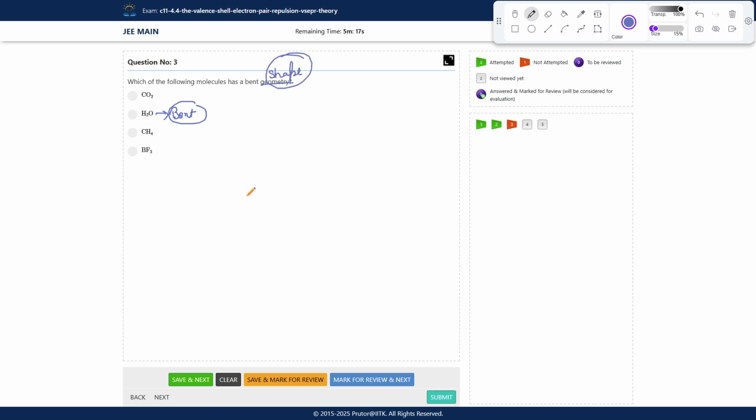We will consider shape here, because geometry will be tetrahedral, but shape will be bent. Is it clear? So you know how this question is incorrect, because the shape is bent. Geometry includes the lone pair also. If you consider the geometry of H2O, it will be tetrahedral.